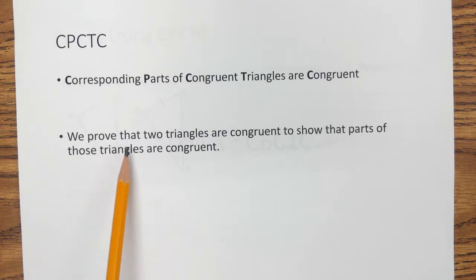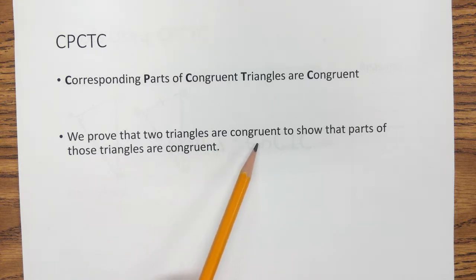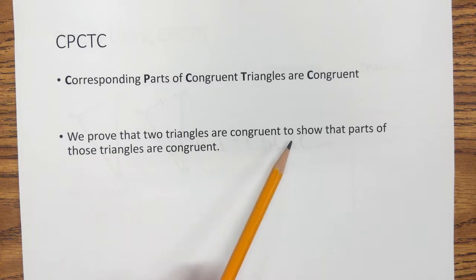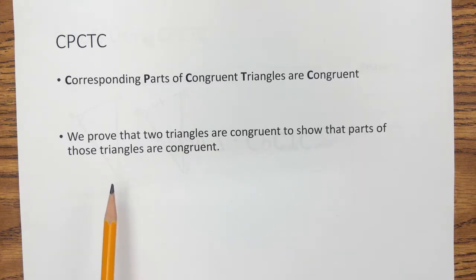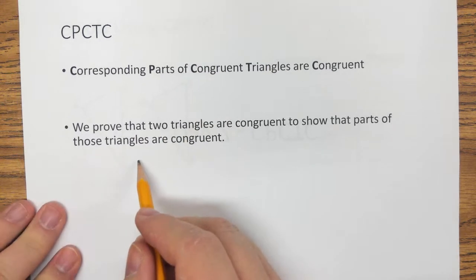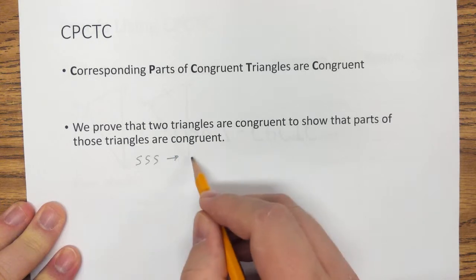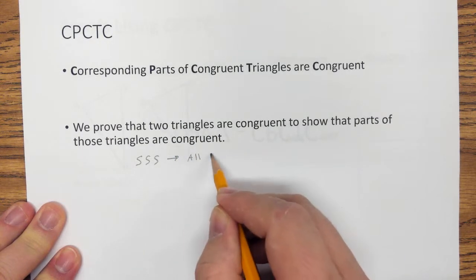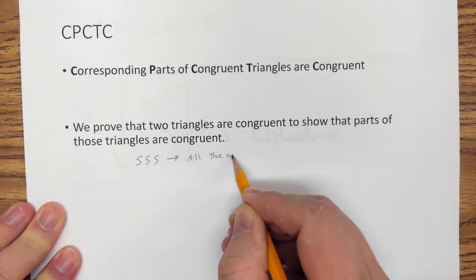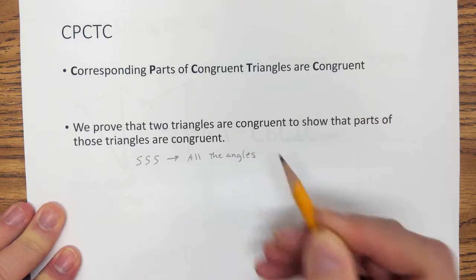So if we prove that two triangles are congruent, then we can show that all of the parts of those triangles are congruent. In other words, if I prove a triangle congruent by side, side, side, then I know that all the angles are congruent.